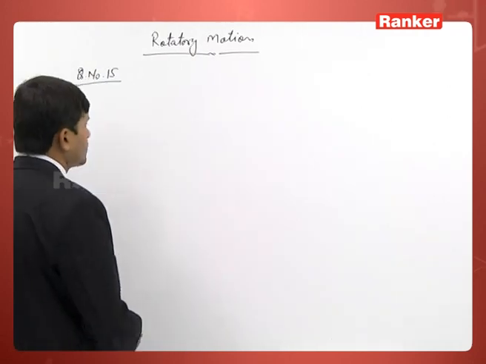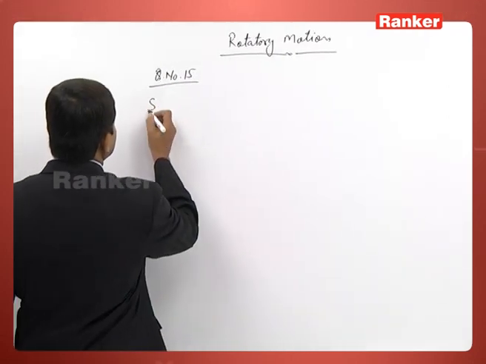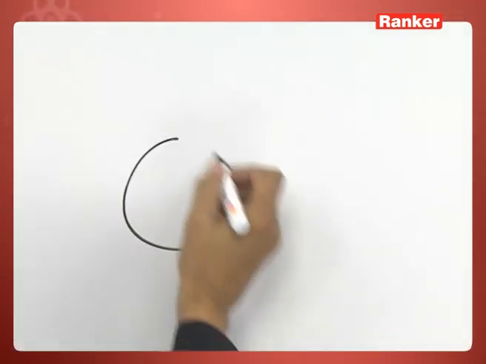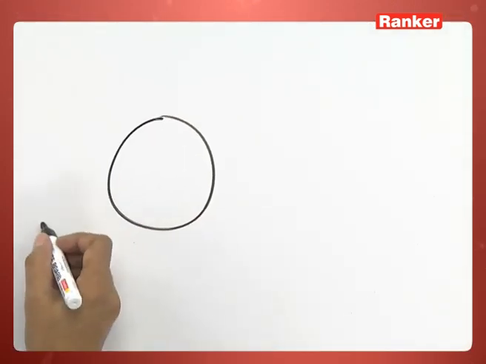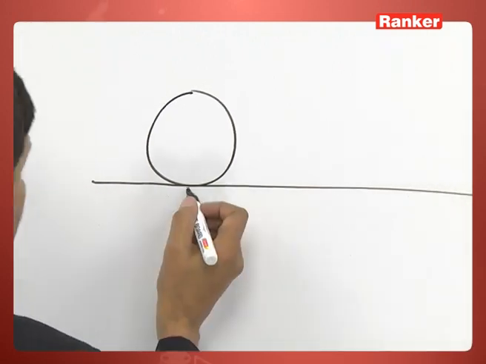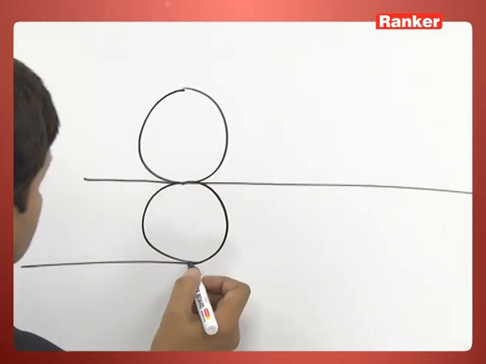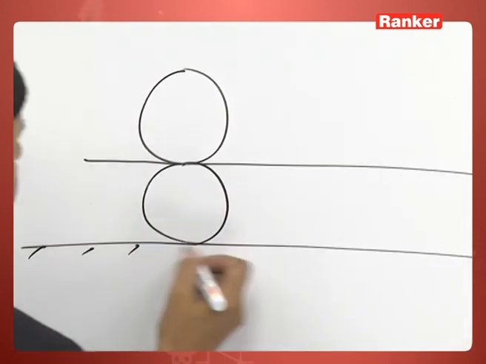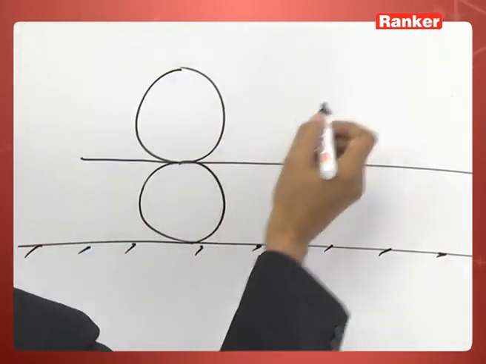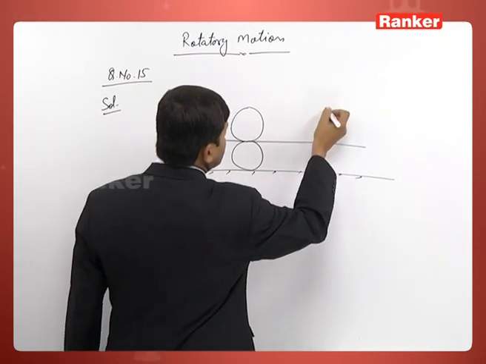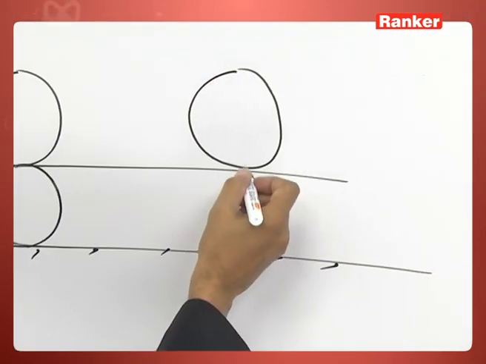So here the question is like this. There are two cylinders, and these two are kept in contact with the plates, like this is 1 and this is another.